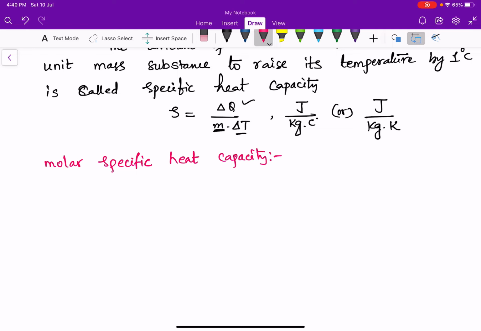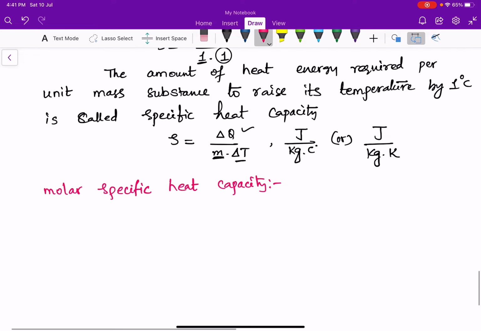Here the molar specific heat capacity can be defined as follows. See here, in the above definition the amount of substance is in grams or kilograms, but in this case the amount of substance will be in moles.